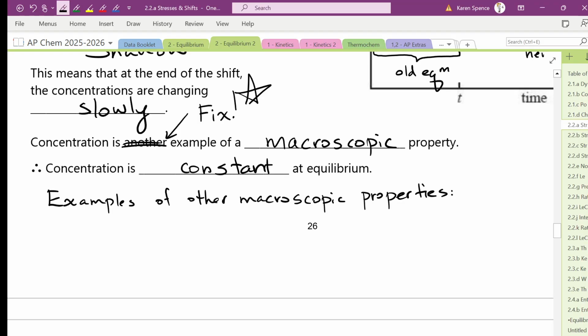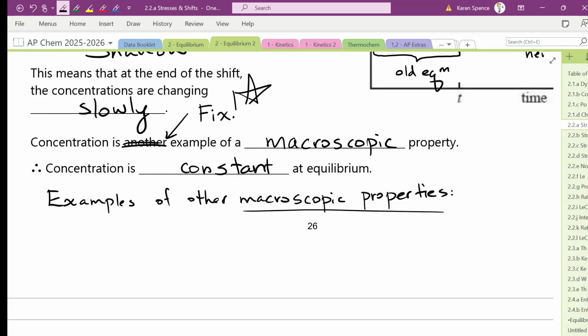Tell your neighbor, what can you think of that are also macroscopic properties? And if you're having any trouble, here's a hint.